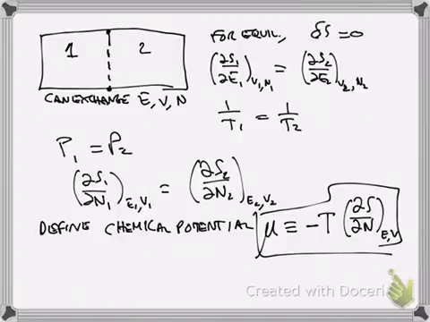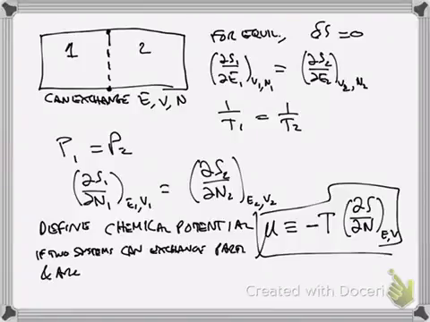Now, the whole point is that if two systems can exchange particles and they're in equilibrium, then mu1 has to equal mu2, right? Their chemical potentials have to be equal.